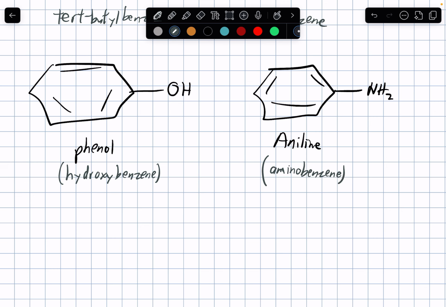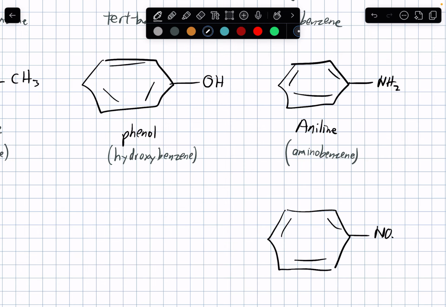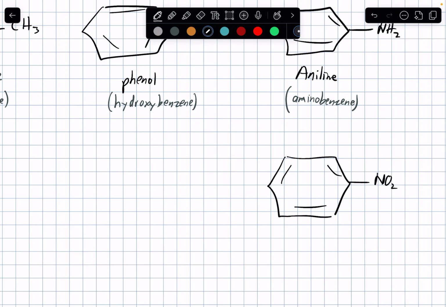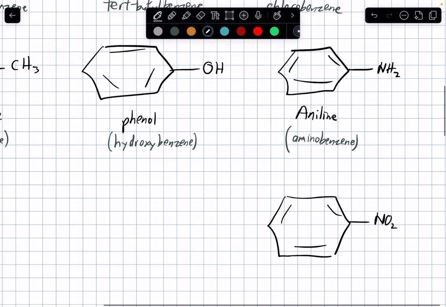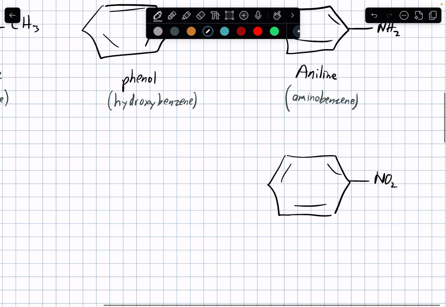On the other hand, something related to aniline is this. So instead of an amino group, we attach a nitro group, NO2. This is called nitrobenzene.